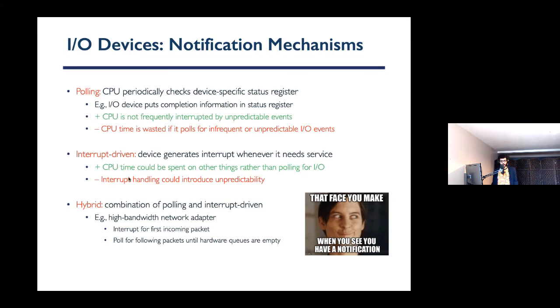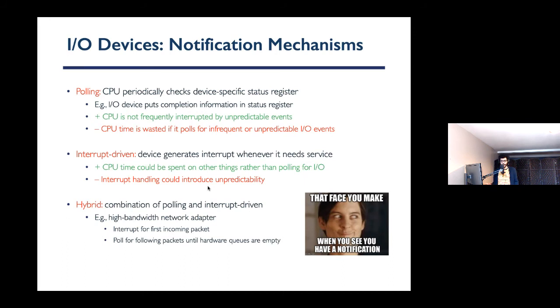Now interrupts are better in terms of wasting CPU time, because you're doing some other work, and when it's ready, you get an interrupt. The bad thing about them is if the requests are frequent, then you're going to be frequently interrupted, and on each interrupt you might have to do a context switch, so there's an overhead.